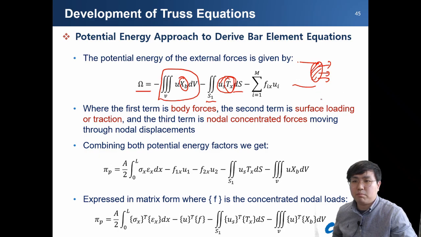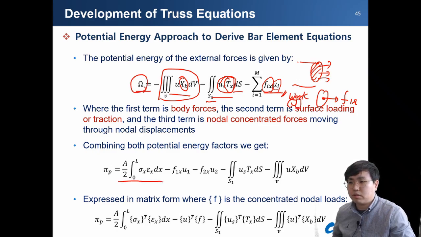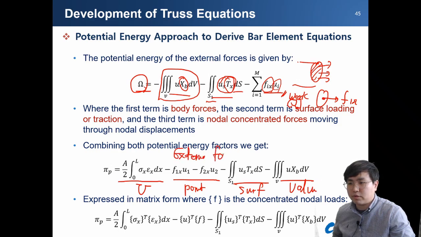And for the remaining part, we have nodal points, so we can simply sum the nodal forces multiplied by displacement. This is a work. The unit is always work, maybe joule. So the external forces can be expressed like this, and this part is internal energy. This part is point nodal forces, external forces by point, this part is surface, and this part is volume external force.